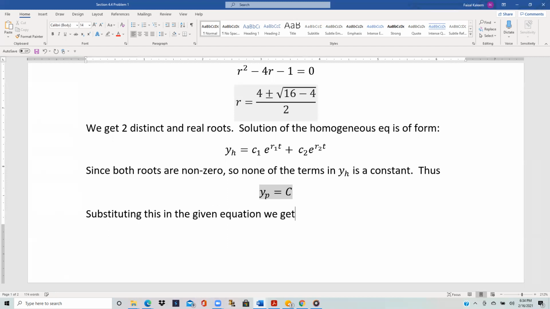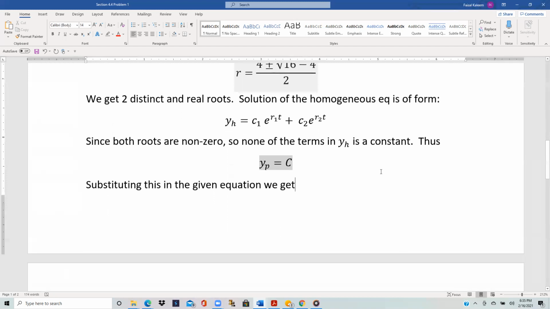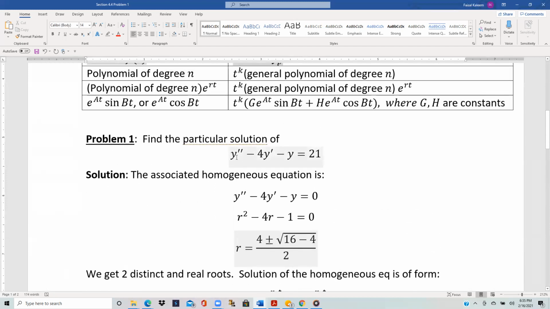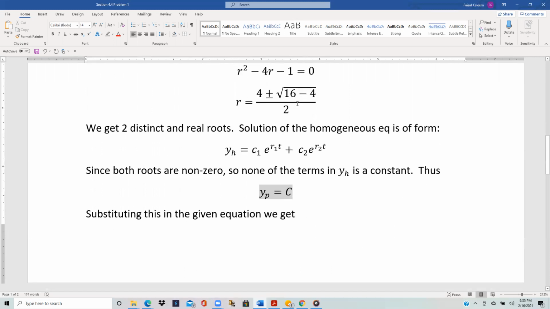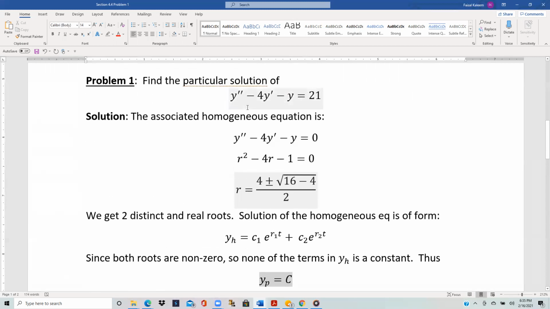Get. Wherever you have a y, you substitute c. Think of this as now y_p, and we just substitute a c. So I'll just copy this equation.